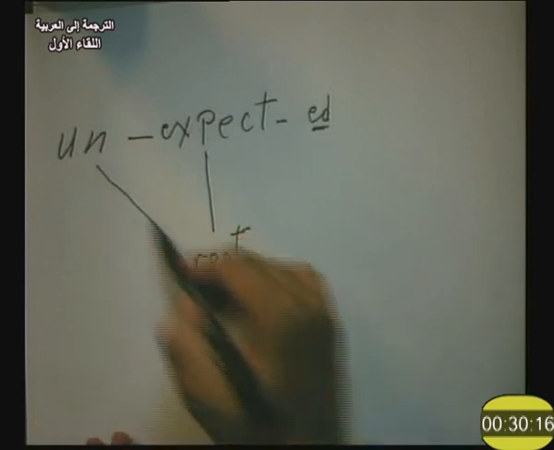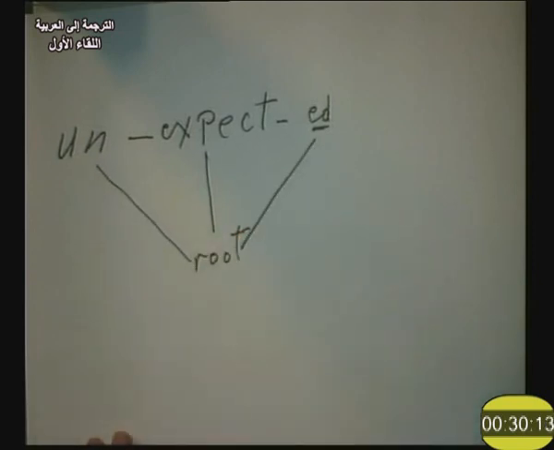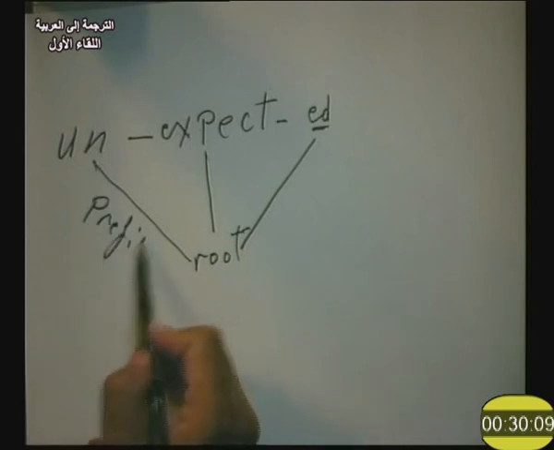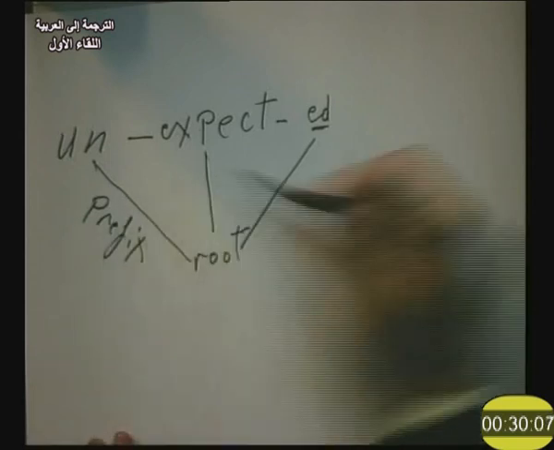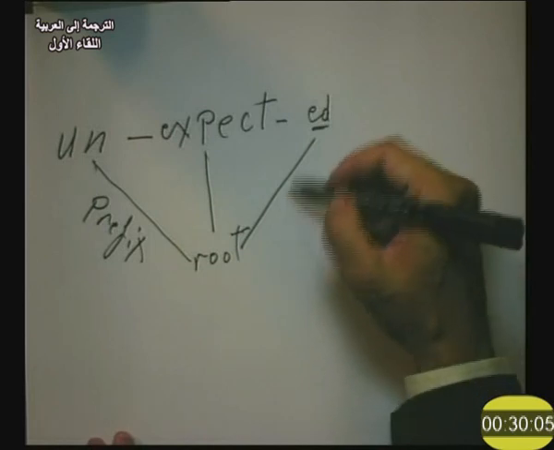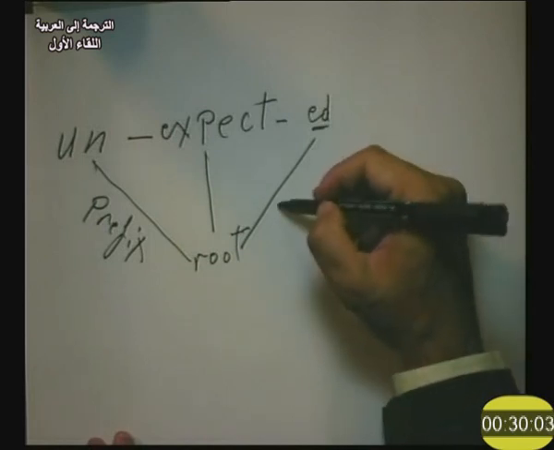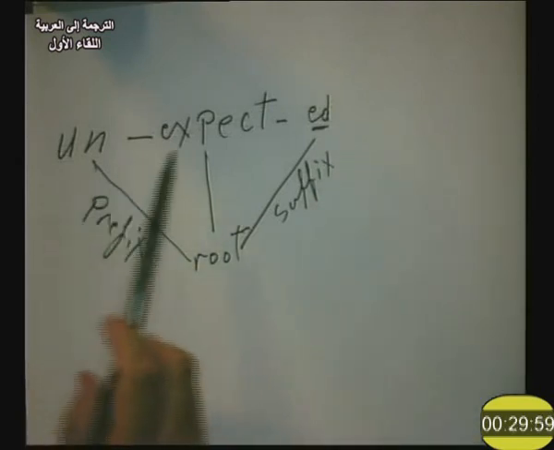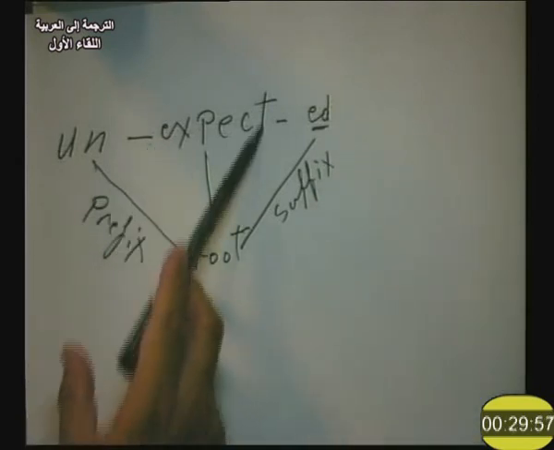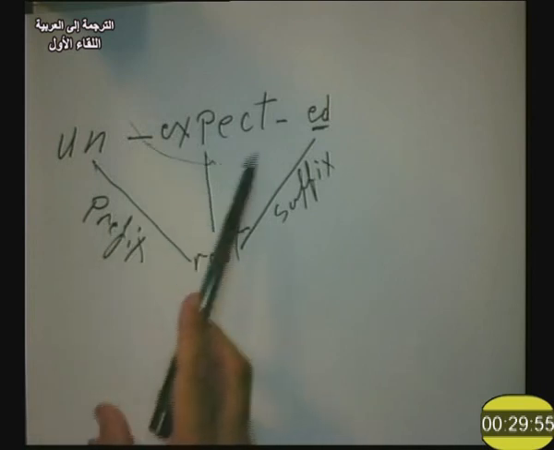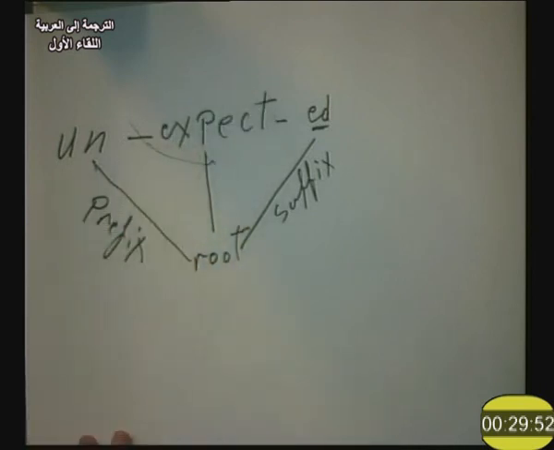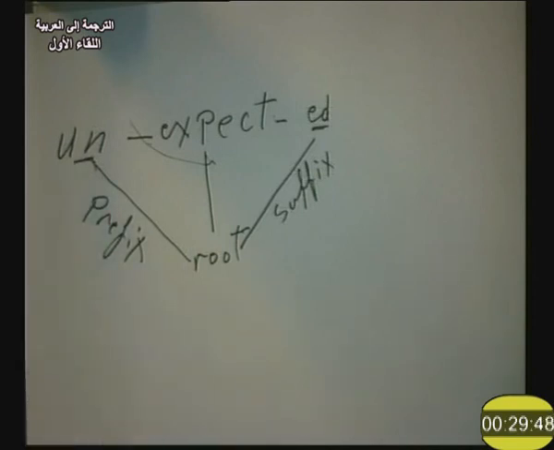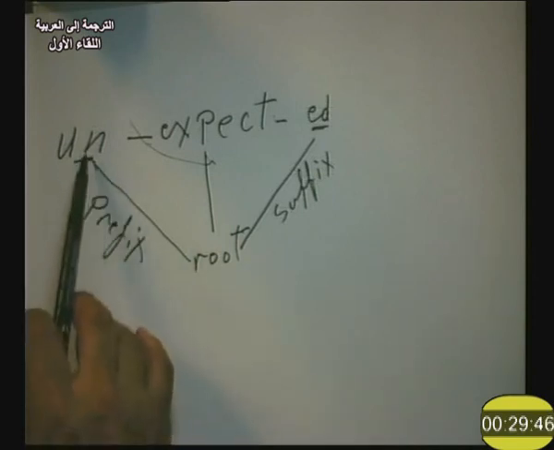Attached to the root of the word are two parts, the prefix and the suffix ed. Here, look out for the root of the word to know the meaning of the word, and study the meanings of prefixes and suffixes.